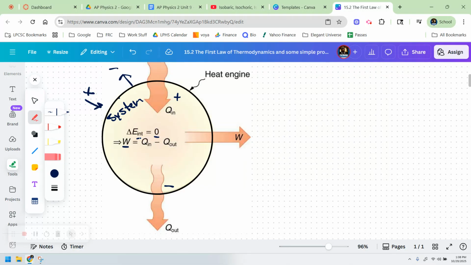So that's why this is a positive value and this is a negative value. And then the work being done actually leaves the system. So the work done by the system as opposed to work done on the system, because it's done by the system, it leaves. So that can have a negative value sometimes too, just to think about that.